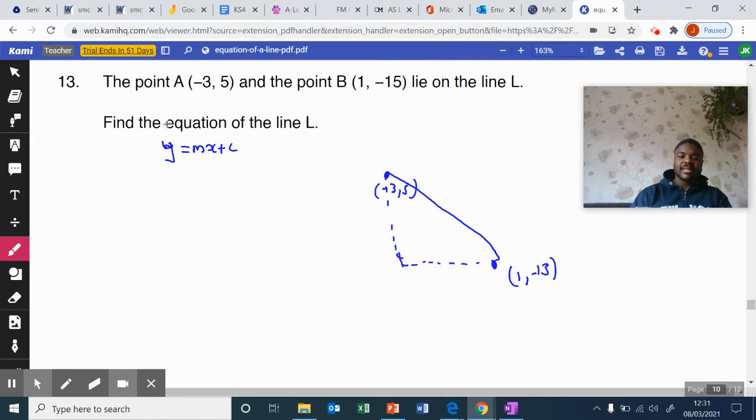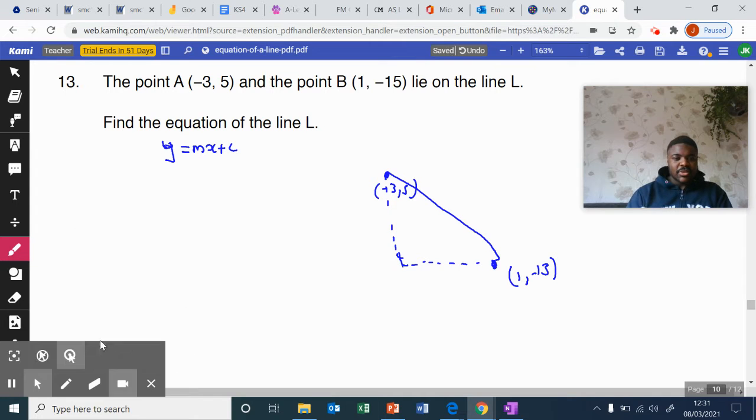Oh dear, that line, I was going to say went left, but that would have been ironic because it went right. So we have the gradient as the change in y over the change in x. The change in y goes from 5 down to -15, so that's going to be -20, because 5 take away 20 gives you -15.